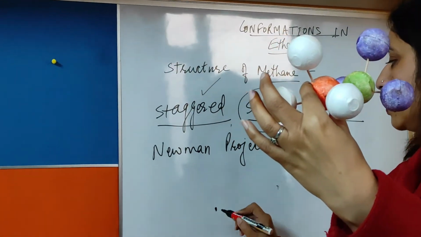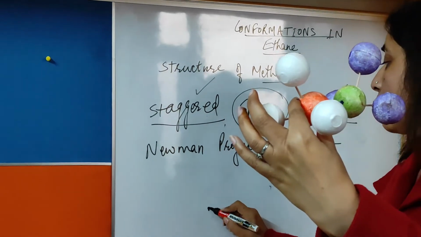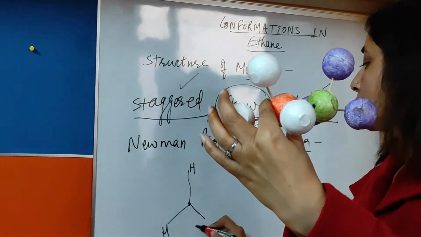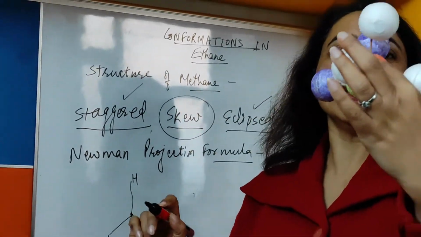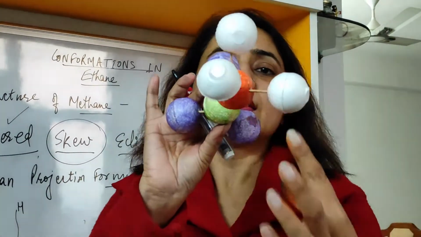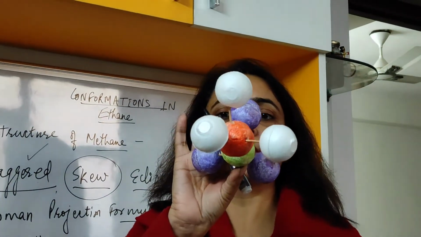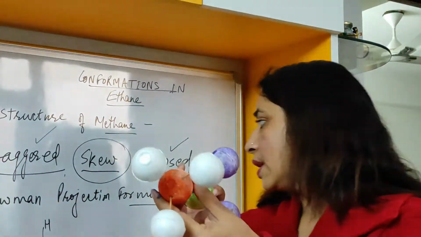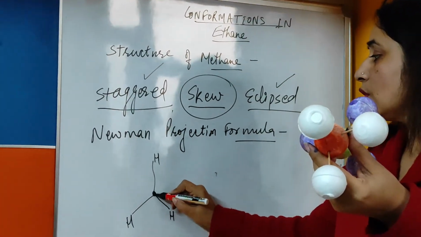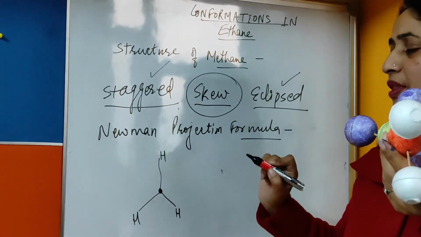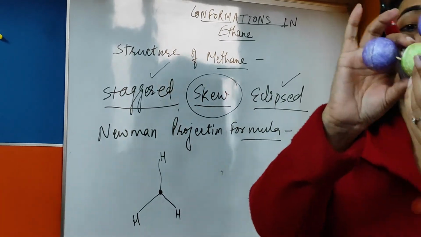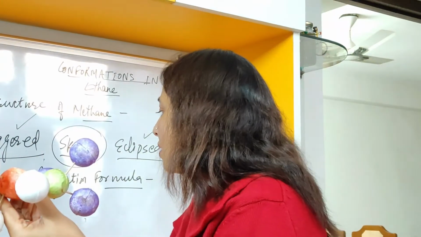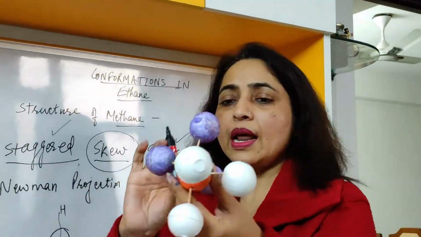This is the front carbon which is visible to you, surrounded by 3 hydrogens in this way. You can see the front one is visible like this. The orange one is the carbon and these are the 3 hydrogens. Same thing I did here. So the front carbon I am representing with a dot. Now what about the back carbon which is not visible to you? I am representing it with a big circle like this.